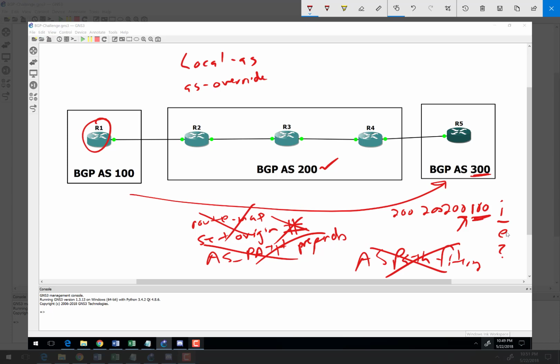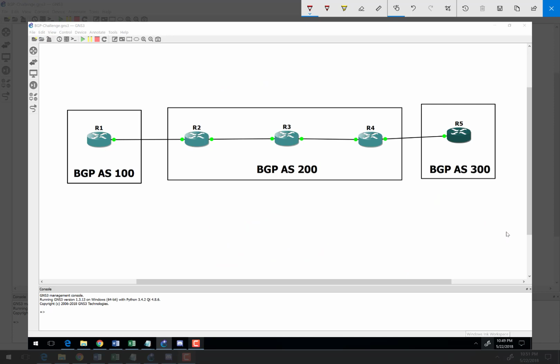So I remember a couple of things that we've done many times before, which are local AS and AS override. So I thought, okay, AS override, yeah, I can do that. That makes sense. This kind of looks like where we would use AS override, which would be a service provider. A service provider example would be if you had a customer connected to a provider edge, and this customer's autonomous system number, let's say 100. The provider could be, in this case, 200, but let's say you had the same customer on the other side, and their autonomous system 100.